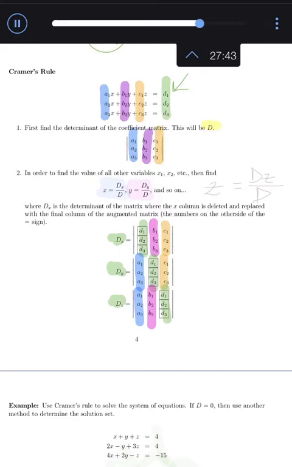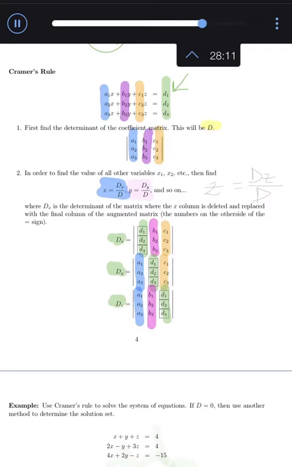Now the question is, what are we going to do with all this? Well, it says that in order to find the answer for the variable x, we can take our Dx determinant and divide it by the determinant of that first matrix, just a regular D, and that will give us our value of x.